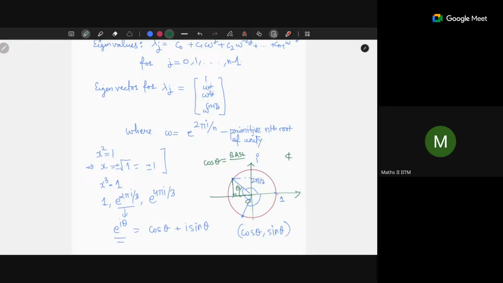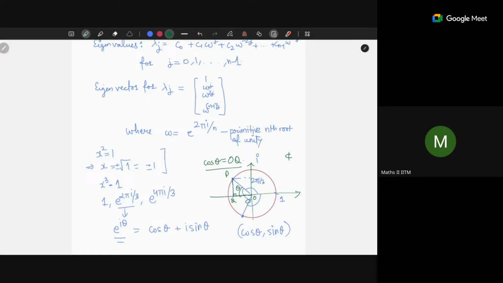If this is P, it is OP, and this is Q, let's say. So the base is OQ. The base is the x-axis coordinate, and OP is the radius of the circle. We already assumed it is a unit circle, so OP is 1. So OQ is cos theta.